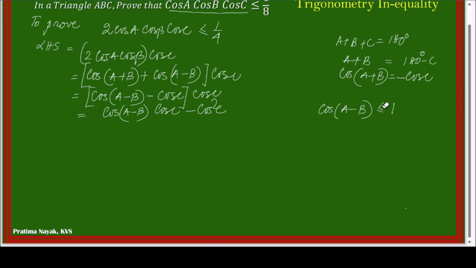Let me write clearly: this is less than or equal to 1. So the left hand side, twice cos A cos B cos C, is less than or equal to cos C minus cos square C.